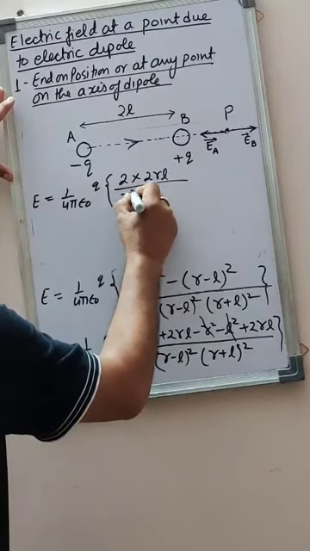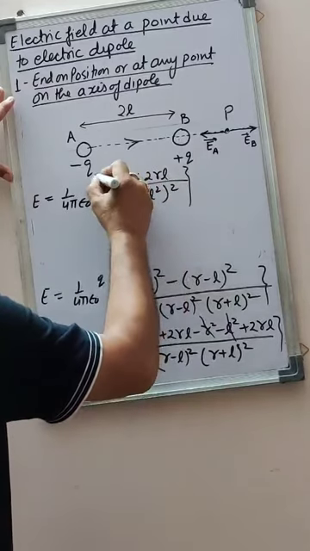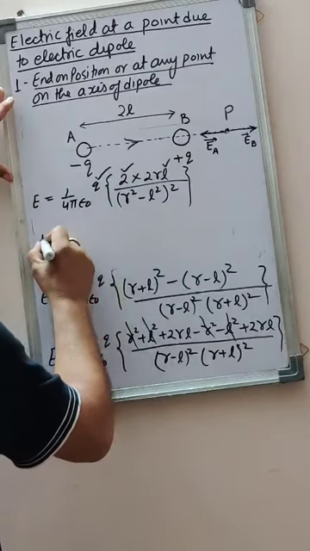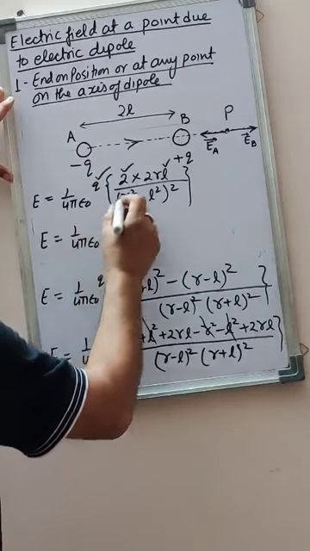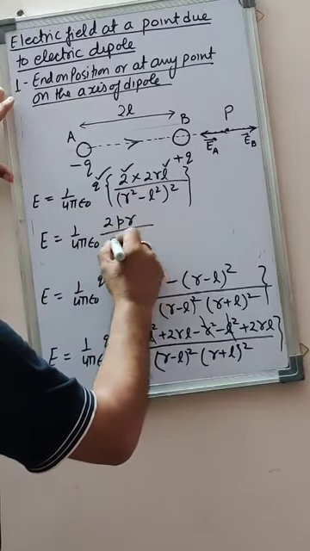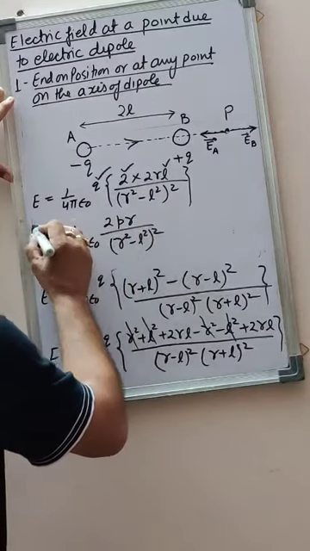And the denominator is R square minus L square, whole square. Q into 2 into L, that is equal to P. So 1 by 4 pi epsilon naught 2PR upon R square minus L square whole square.